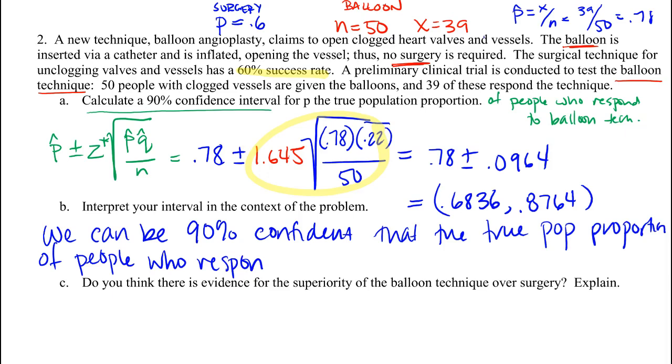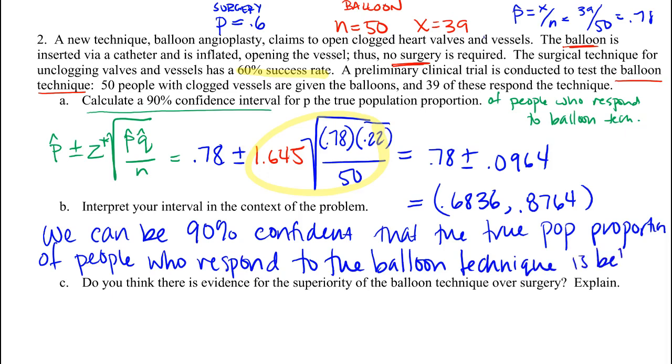Obviously, these are people with clogged vessels who respond to the technique, is between 0.68 and 0.88. I would write all the decimals, I just ran out of room, and I'm telling you, it's real hard to use the stylus right now.